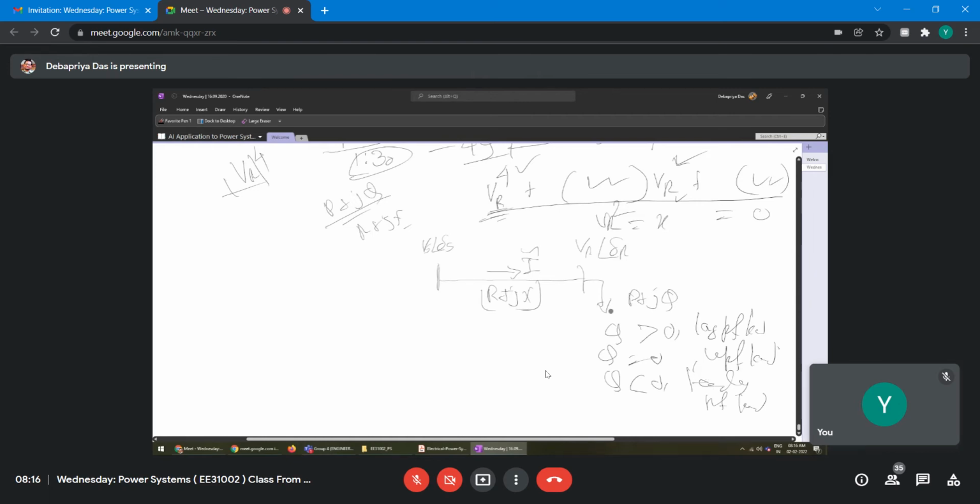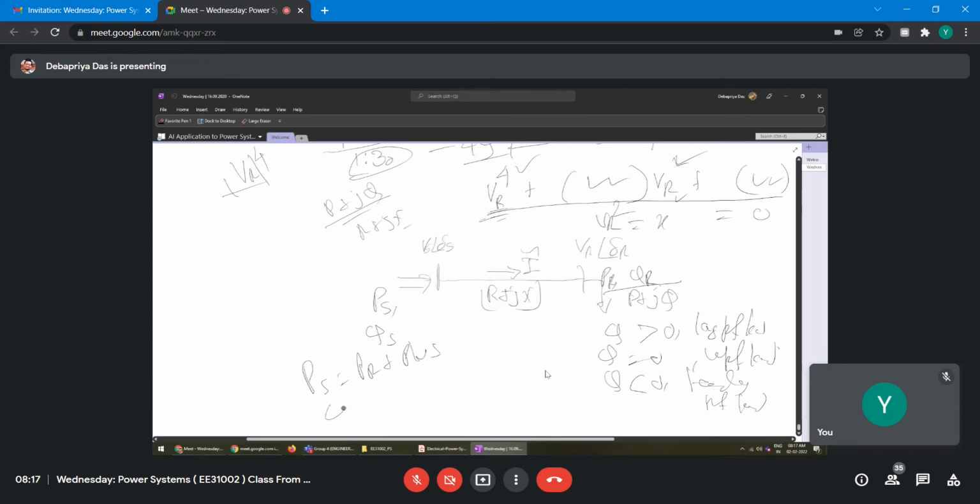And another thing is, suppose at the sending end the real power is PS and the reactive power is QS, and at the receiving end the real power is PR and the reactive power is QR. Therefore, the sending end power should be the receiving end power plus the real power loss of this line, that is I square R, right?